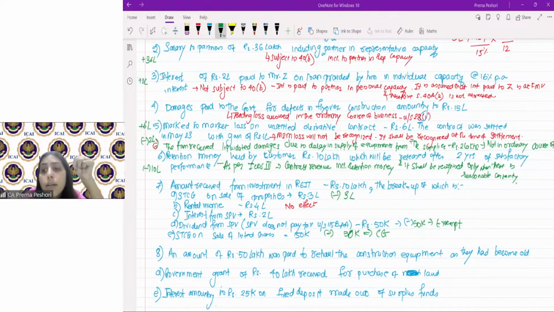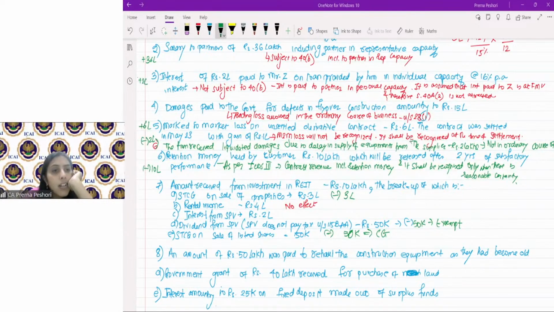So in case there is a long-term capital gain, it is subject to 112 for the other shares, for the unlisted shares. For the listed shares, 112A is applicable, right? But 112A is not carved out as an exception from 115UA. 115UA says that the income of the unit holder would be charged at the maximum marginal rate other than the income covered under 111A and section 112.